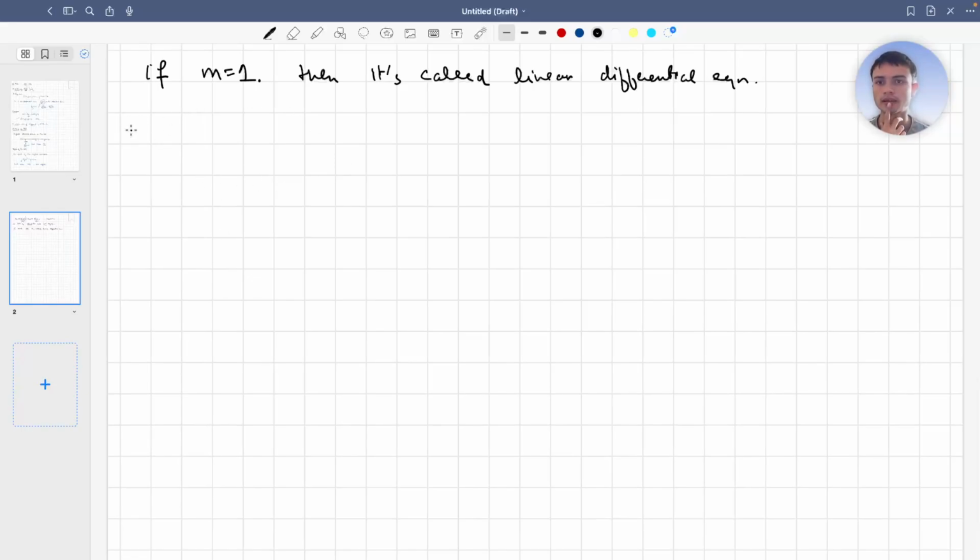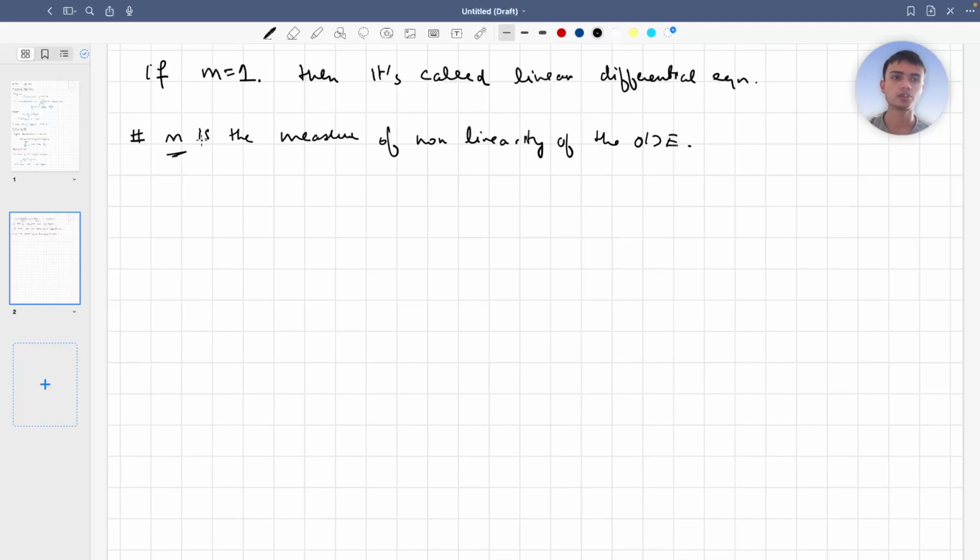So when this power m goes to 1, it's called a linear differential equation. You can say that m is the measure of non-linearity of the ODE, how non-linear your differential equation is, right?